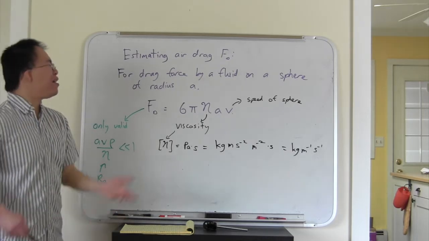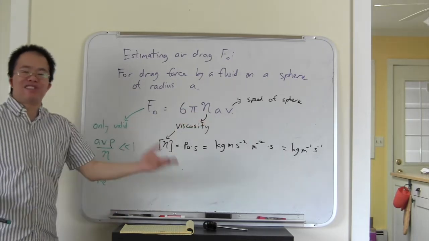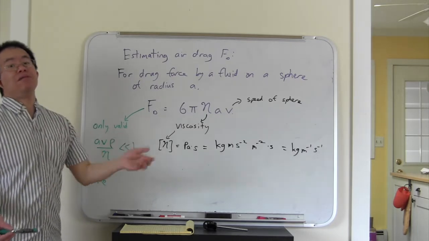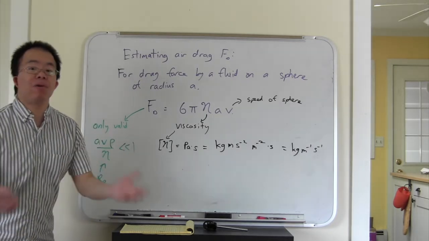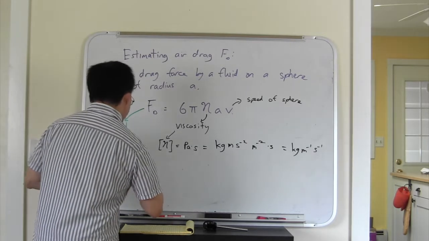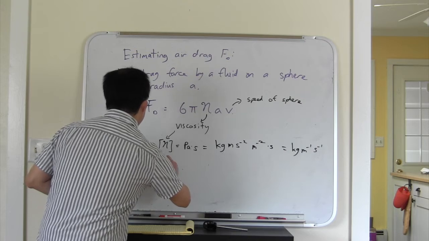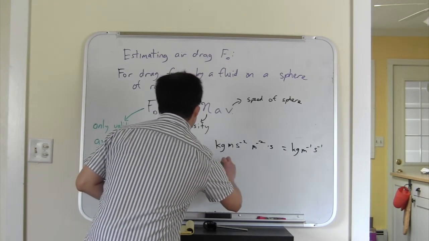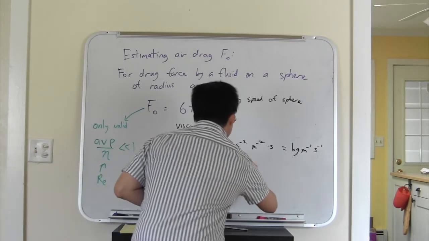But it was going to be wrong anyway because our mass is not a sphere. We can still, however, use this as a basis for an order of magnitude estimate. Okay. So, wrong, but okay for order of magnitude.